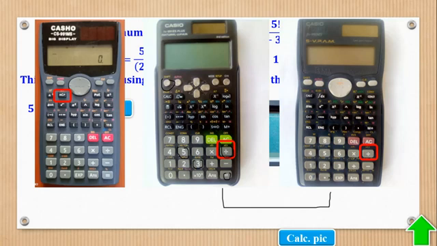The same applies to this one: 5 shift division sign 3 equals. But for this first calculator, there's something different. You realize that the n combination r is in white, meaning you don't need to press shift. Just press 5, then this button, then 3, and then equals. You still get the same answer.